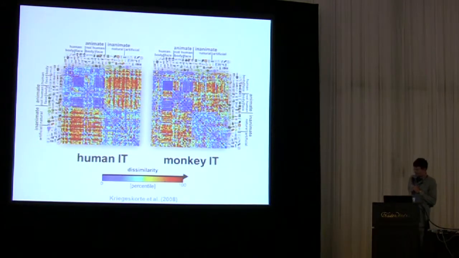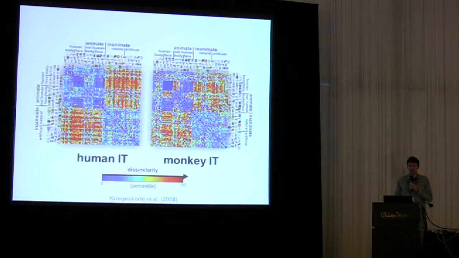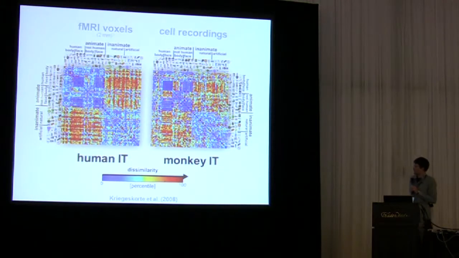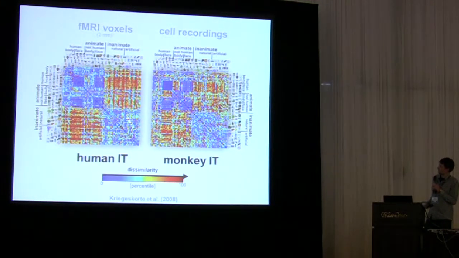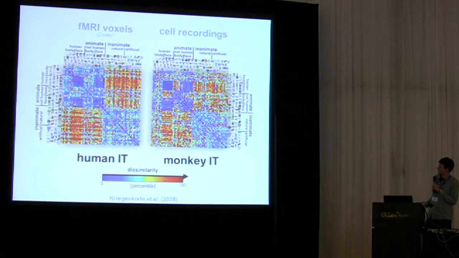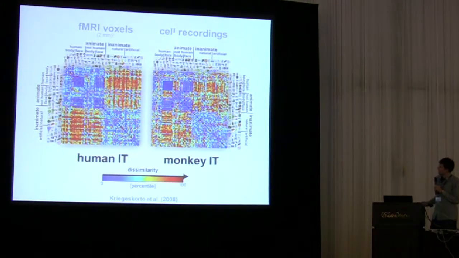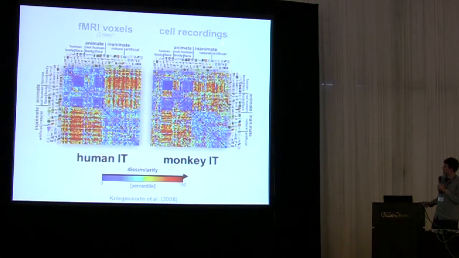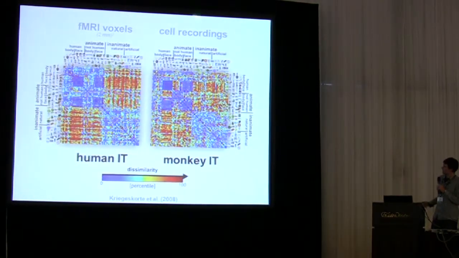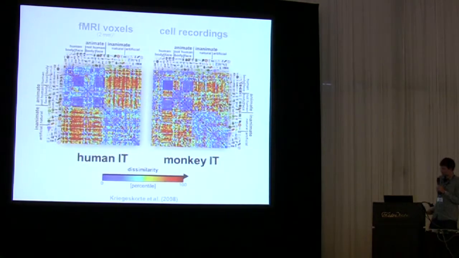And even within the categories, there's a lot of similarity in the geometry. So this was surprising, especially because this matrix was estimated from fMRI voxels, 2 millimeters cubed, and this was based on cell recordings performed by Roozbeh Kiani, 670 something cell recordings.